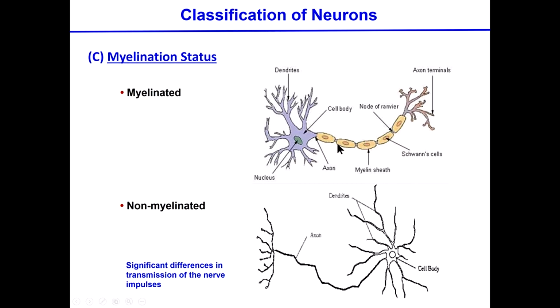This is in the peripheral nervous system. In the central nervous system, there are less myelinated cells, but these are done by another type of cells, glial cells called oligodendrocytes. And there are some which are non-myelinated in the sense that myelin is not formed with this kind of a structure.